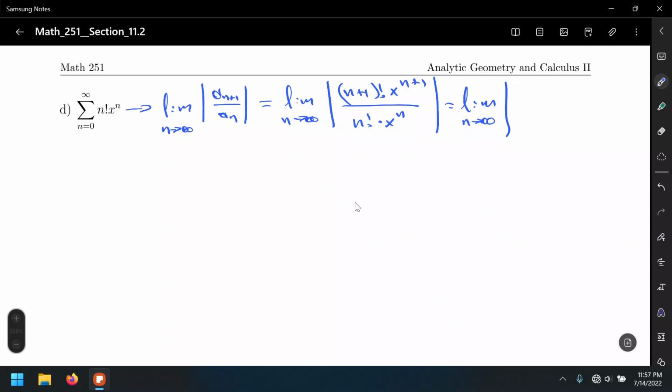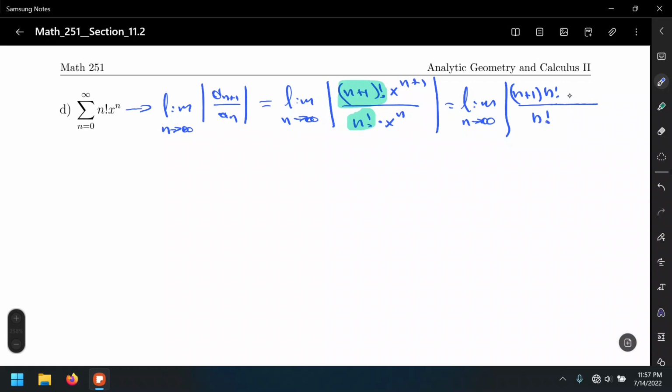Okay, let's start simplifying. Recall that when it comes to factorials, let's focus on the largest of the factorials and start simplifying from there. So in this case, the largest of the two factorials is the n plus 1 factorial. So I'm going to write n plus 1 times n factorial because that matches the one in the denominator.